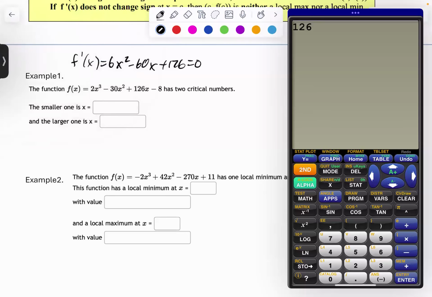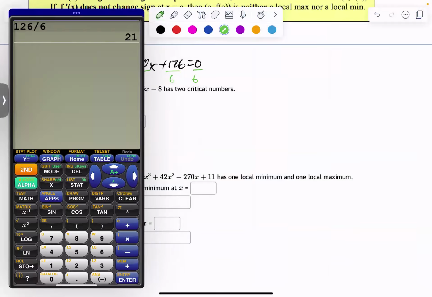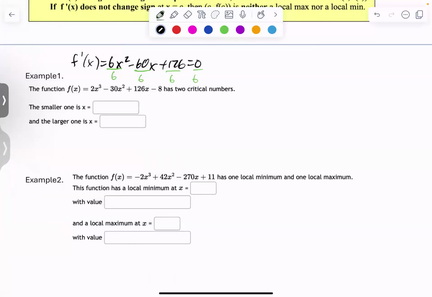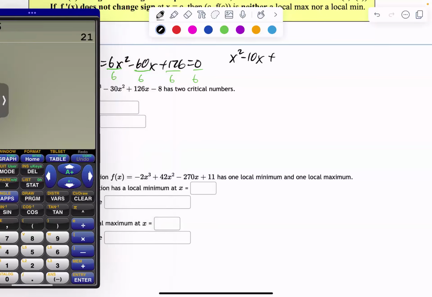And I'm going to divide that by 6. So I'm going to divide a 6 out, just to keep it simple. 6, 6, 6, and 6. And that is going to give us x squared minus 10x plus, what was it, 21? 21.